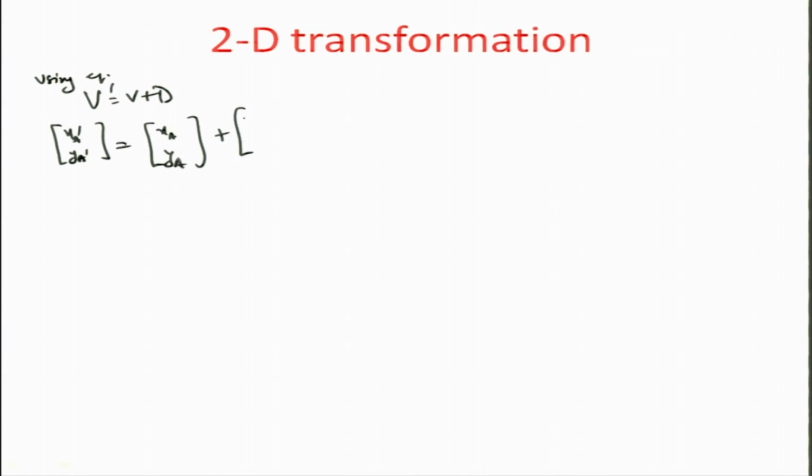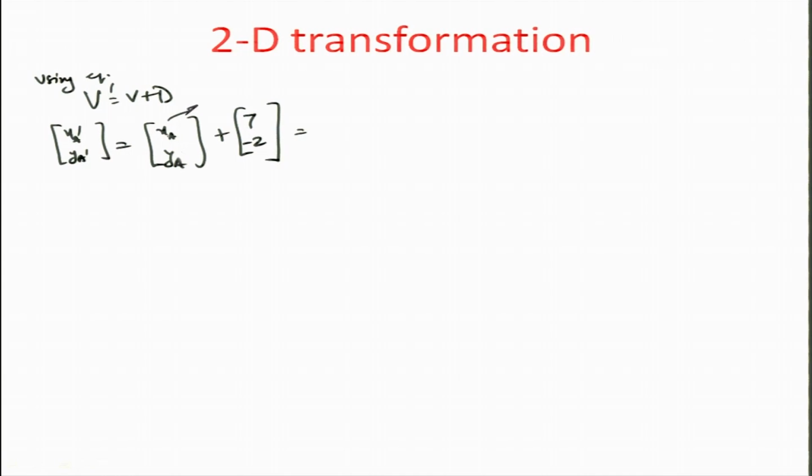So, for doing it, let us compute. We are using this equation v dash equal to v plus d, and we will do this for all the different points. So, the points x a dash y a dash get translated from the point x a y a through the transpose of the distance vector, which in this case is 7 minus 2.